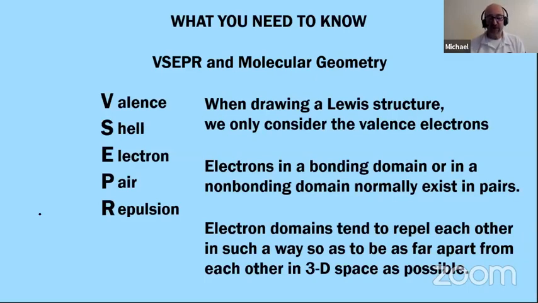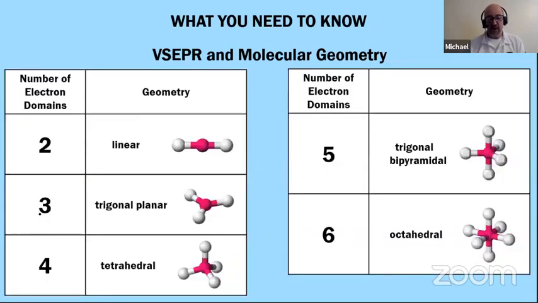If I have 2, 3, 4, 5, and 6 electron domains, then they can spread out from each other to minimize their repulsion, and you have the following shapes: linear, trigonal planar, tetrahedral, trigonal bipyramidal, and octahedral.